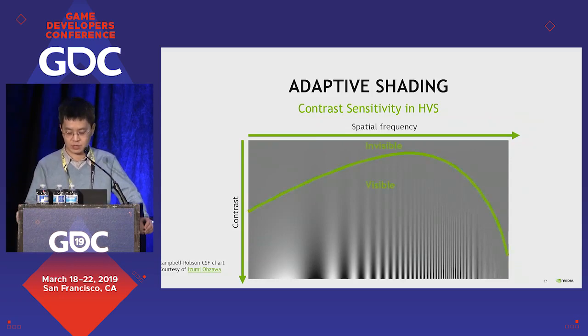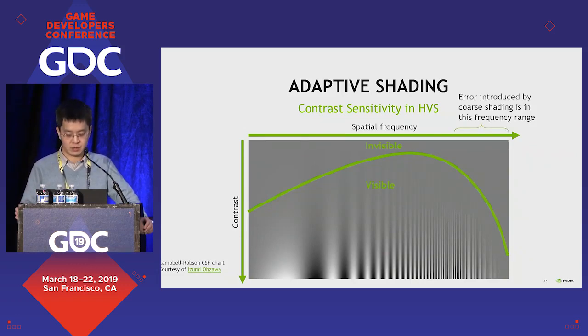In fact, we can draw a curve that separates the visible and the invisible area. You've probably noticed that on the right-hand side, the higher frequency that signal has, the more contrast range of that is invisible. And not surprisingly, the error introduced by lowering the shading rate is also in the higher frequency range.